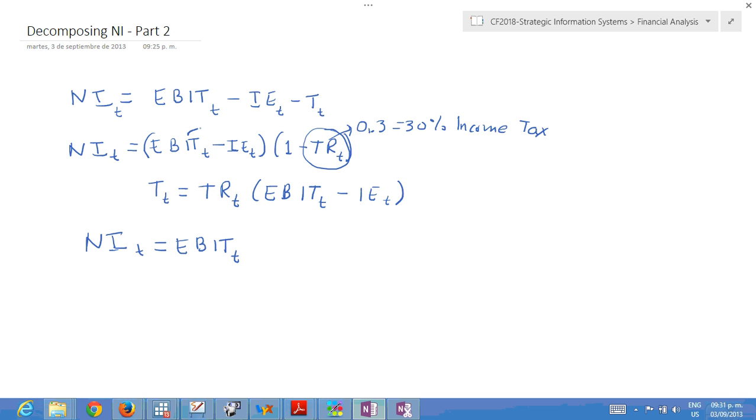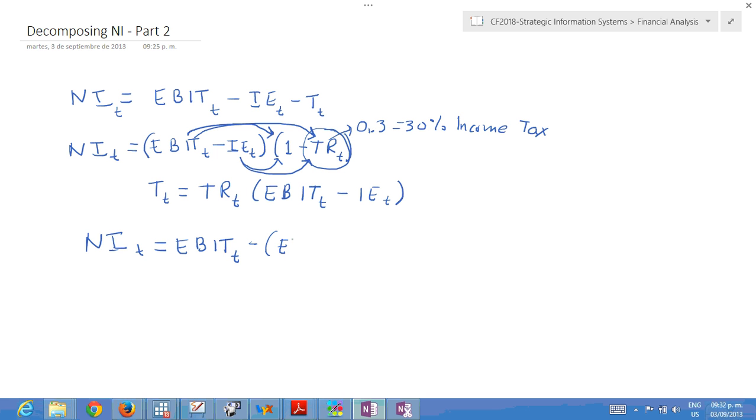You multiply this one times this one, then later you do this multiplication and you multiply the signs. Plus times minus is minus. It's basic algebra, right? Then EBIT times 1 is EBIT. Then EBIT times the tax rate, plus times minus, is minus.